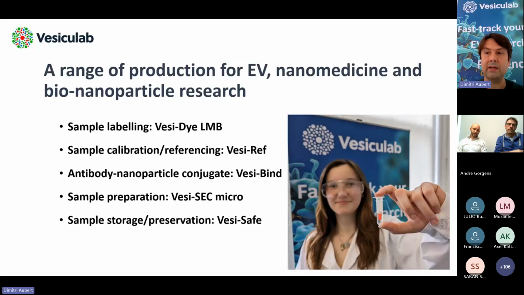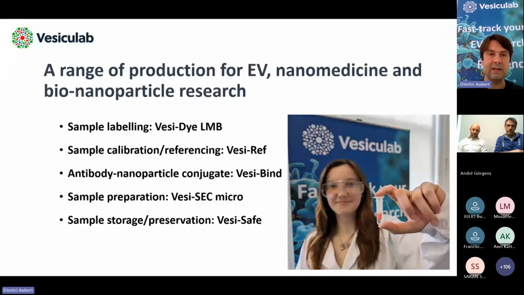These will be discussed by Oscar and André later. A sample buffer for extracellular vesicle preservation, that will be discussed by André as well.